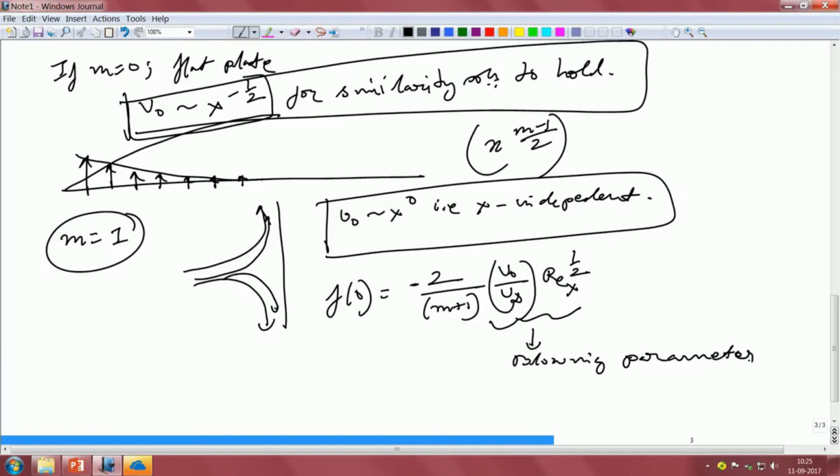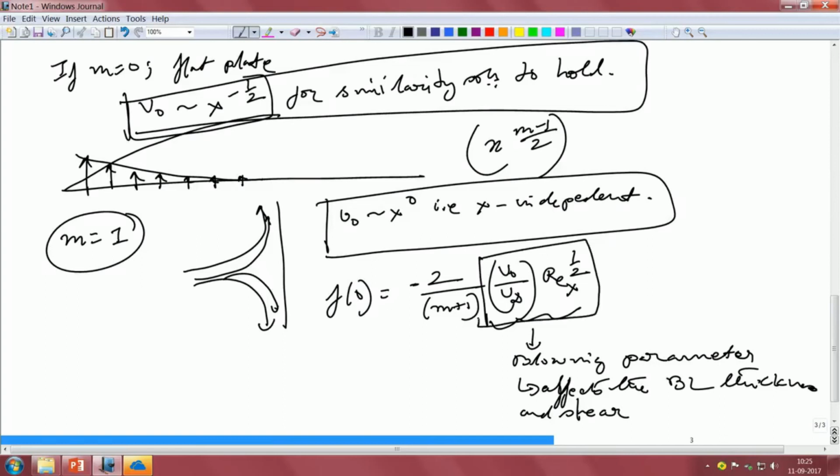It affects the boundary layer thickness, of course it does, and the shear, obviously, because if the boundary layer thickness changes, the gradients will change, so naturally the shear will change. So, this f naught parameter is called the blowing parameter. Remember this, v naught by u naught into Reynolds number based on x raised to the power of half.